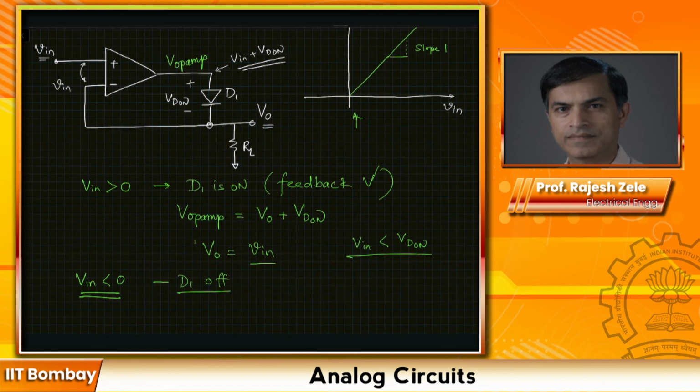Vout will be equal to 0 because there is no current flowing through RL. So we can draw the rest of the characteristics. It looks like this for Vin less than 0. So the key point is, without an op amp, you can only rectify signals which are greater than VD on, or 0.7, 0.75 volts or so. But with an op amp, we can overcome this limitation. And this circuit is also commonly used many times to do small signal rectification.